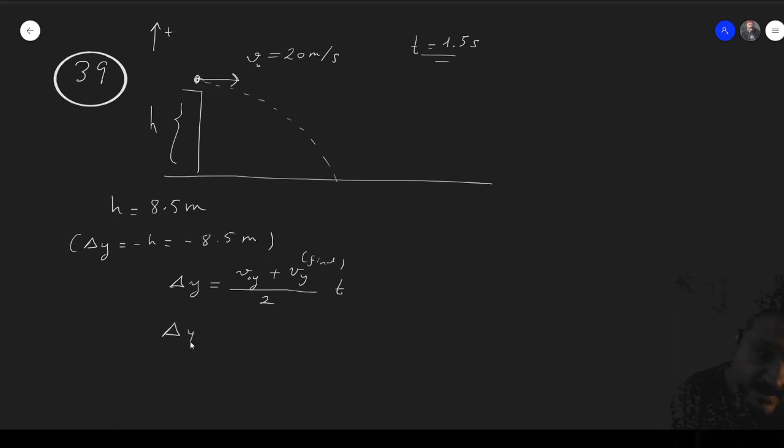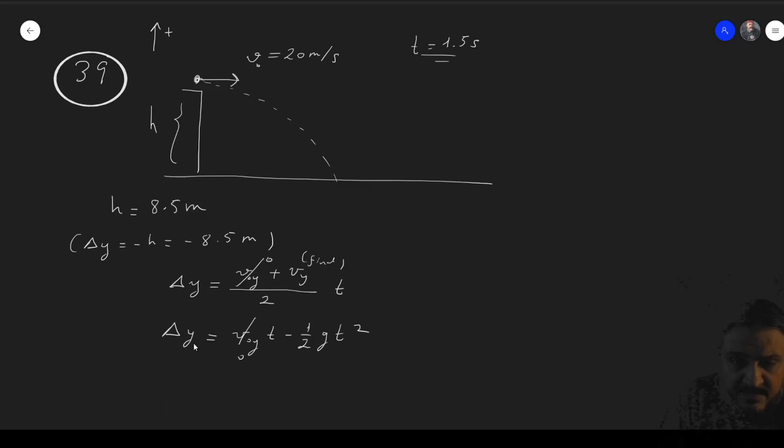And also we have delta y equals v naught y t minus 1/2 g t squared. Now v naught y is 0, which simplifies things, and delta y is negative 8.5. So we can solve this for t, right?